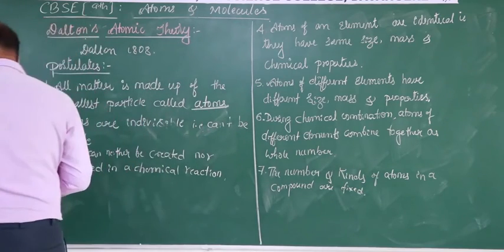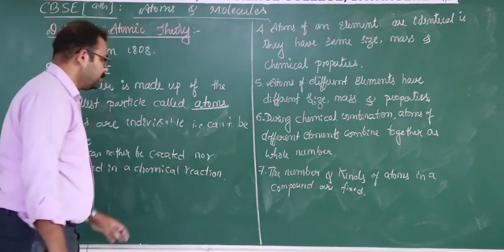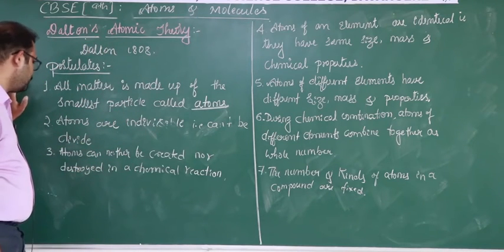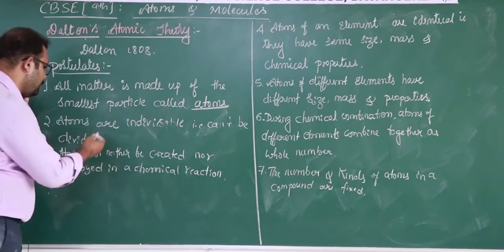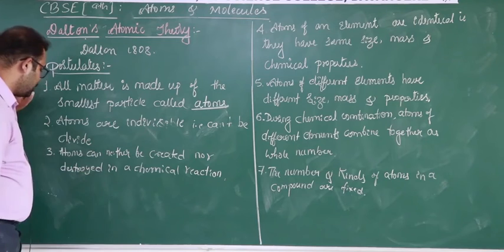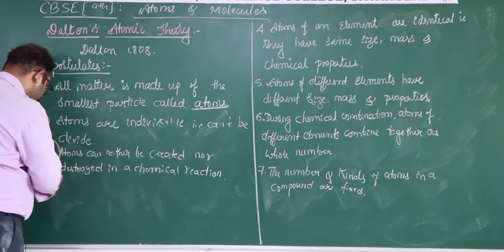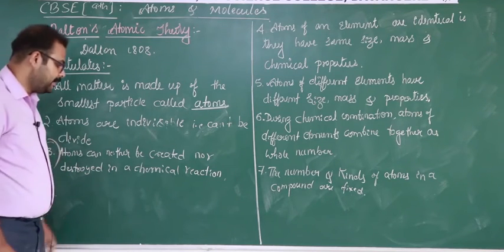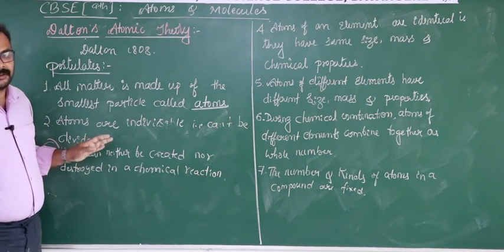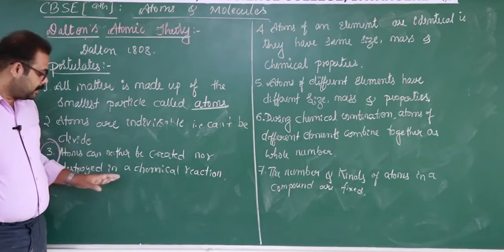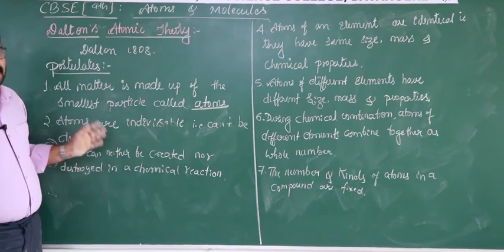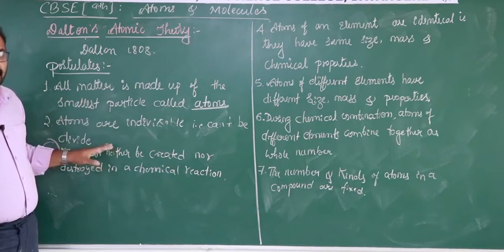See here, if you observe this, the first postulates say all matter is made up of smallest particles called atoms, and atoms are indivisible. Here, atoms can neither be created nor be destroyed. This Dalton's atomic theory is based on the laws of chemical combination. The third postulate says atoms can neither be created nor destroyed, and the same we have studied in the law of conservation of mass.